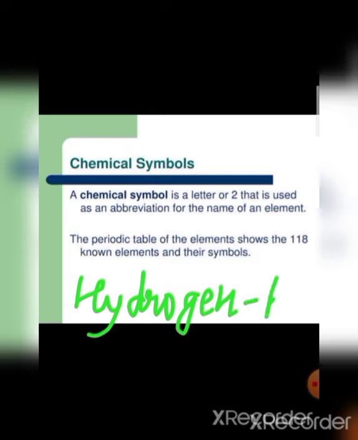Hydrogen H, the first letter of the name was taken as the symbol. So nearly 14 elements have single letter representation. The periodic table of elements shows the known elements and their symbols. What is the symbol? The first letter or any appropriate second letter was taken. Clear?